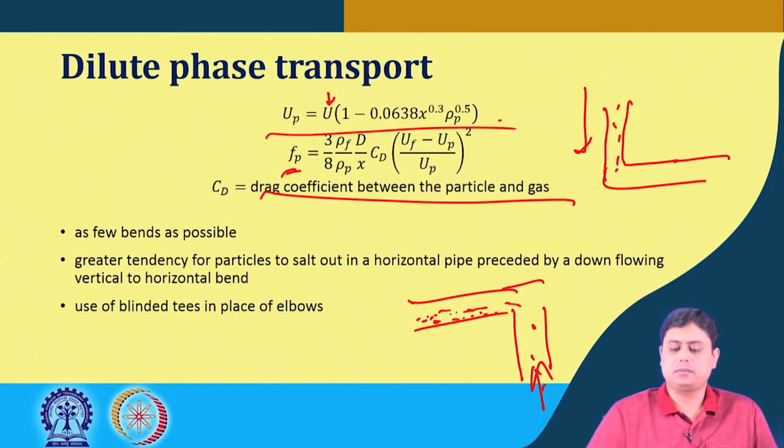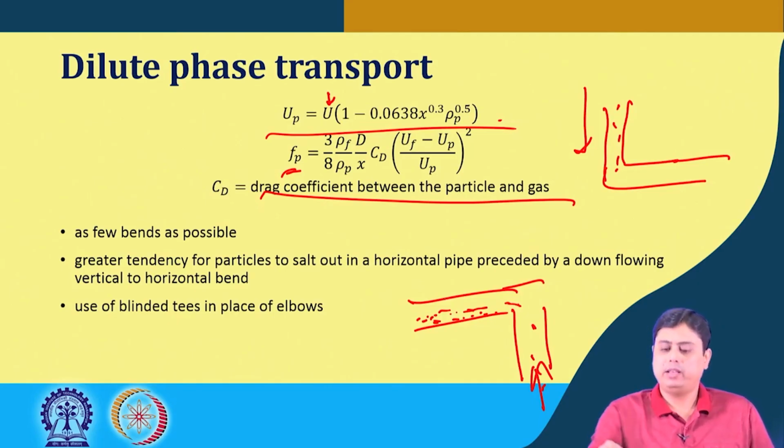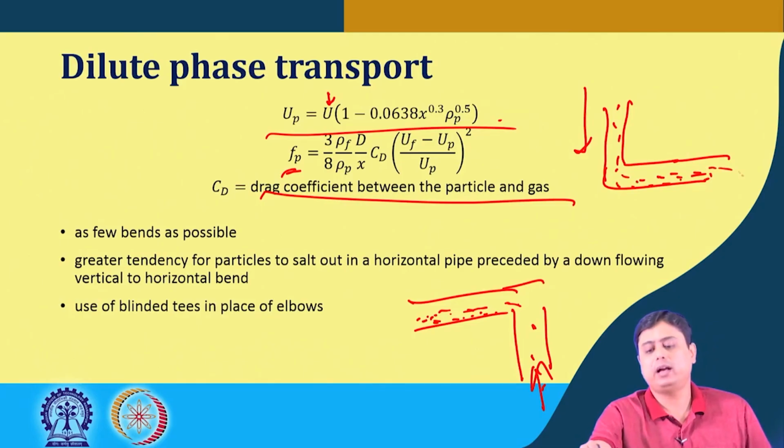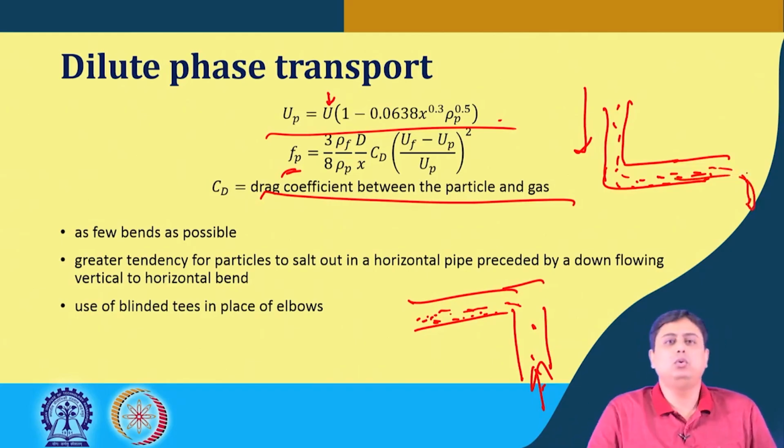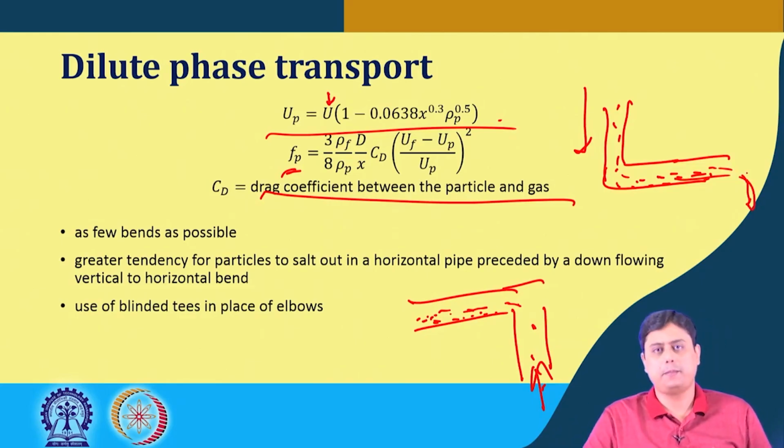In such cases, or even here, when it comes, it would try to settle here, or in fact would settle, and it would take a longer time to come back to the circulation loop. So, it is to be avoided.